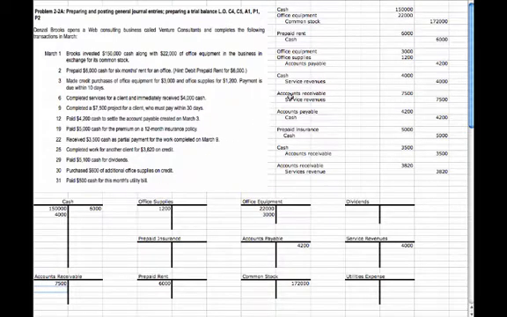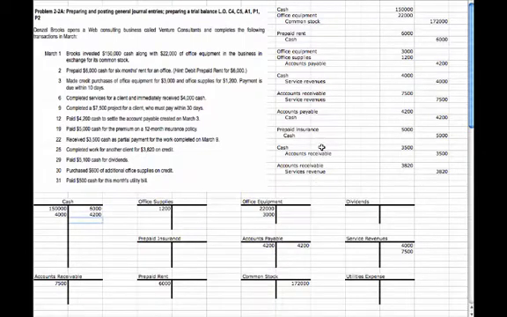We're going to increase service revenues by $7,500. Next, because of this payment, we want to decrease accounts payable by $4,200. We want to decrease cash over here by $4,200.